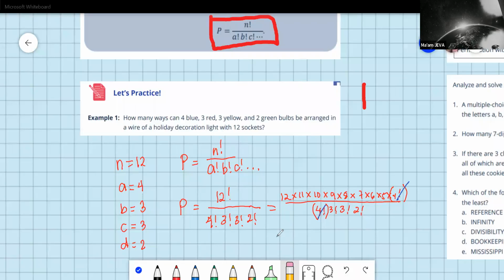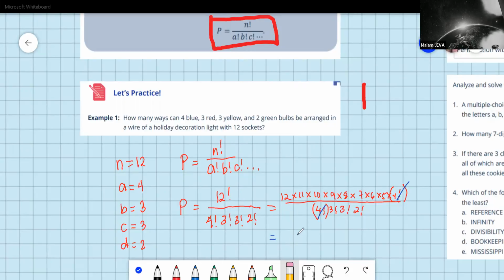So that would be equal to, what is your numerator? 12 times 11 times 10 times 9 times 8 times 7 times 6 times 5. Then you divide that by the denominator.